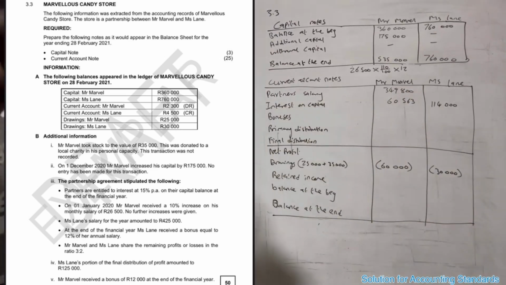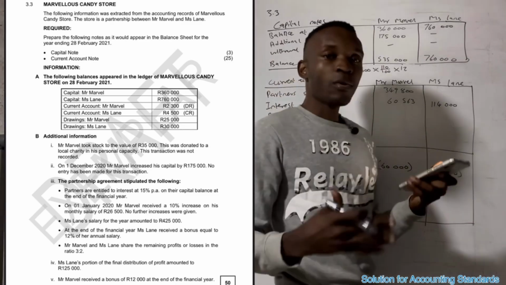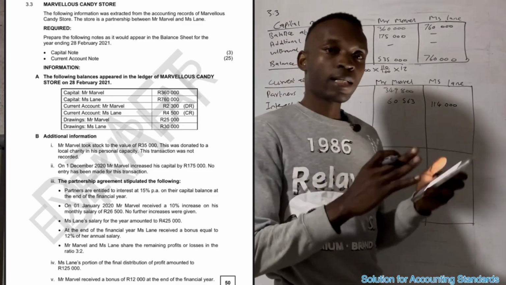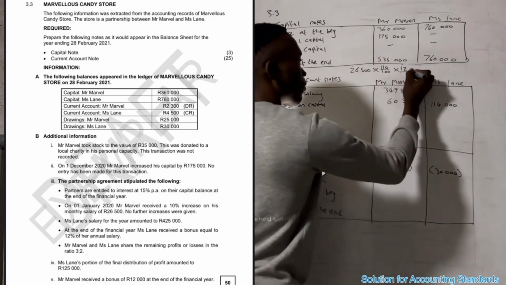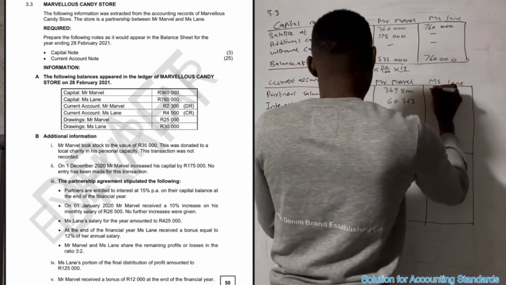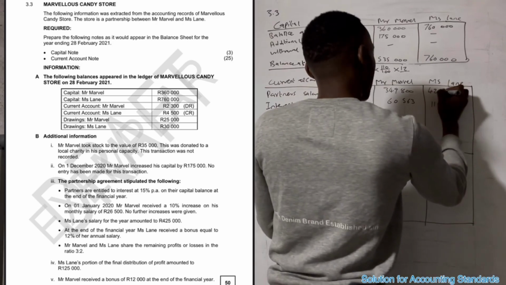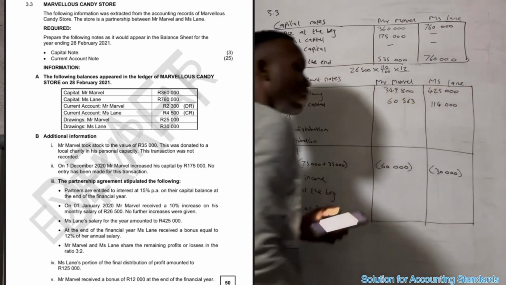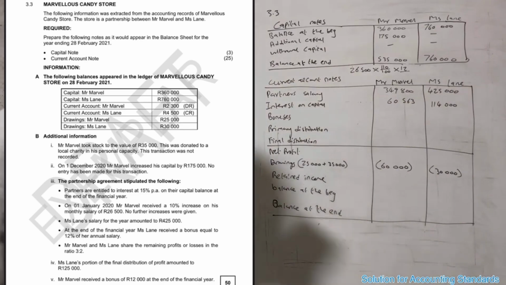Okay, and for Mrs. Lane, they say Mrs. Lane's salary for the year is 425. Remember, guys, here we record annually. If you get monthly, you have to multiply by 12 so that you can get annually. For Mrs. Lane it is 425,000. Very simple. The next one.